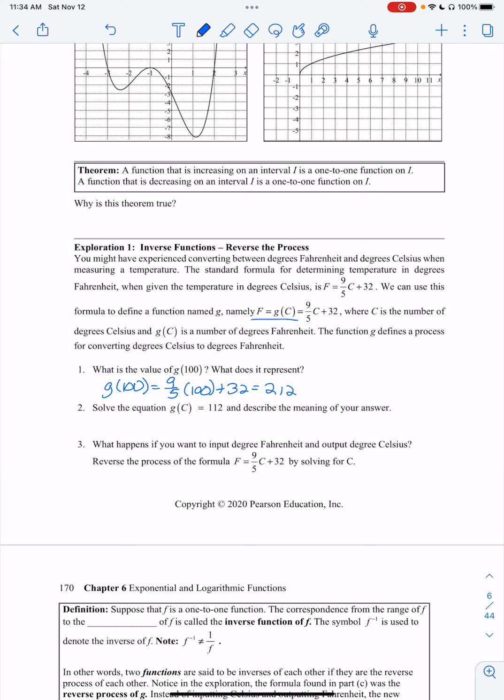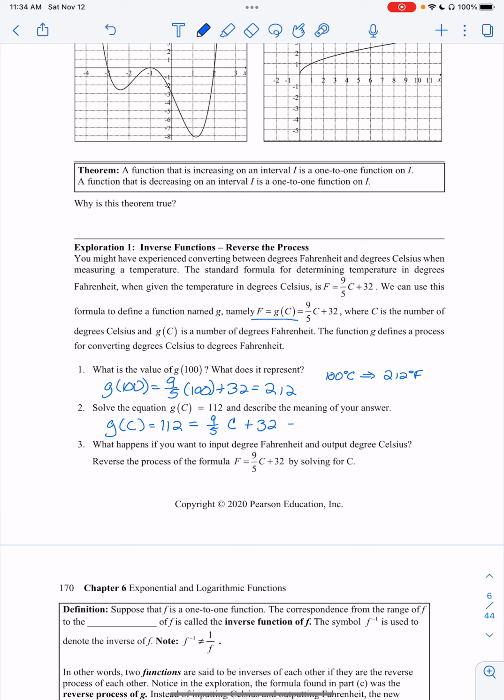So what this gives me is if I have 100 degrees Celsius, then that translates to 212 degrees Fahrenheit, right? So let's say I want to find G of C equals 112. Then that means that my degrees in Fahrenheit is 112, so I would have 9 over 5 times some C, some degrees in Celsius, plus 32.